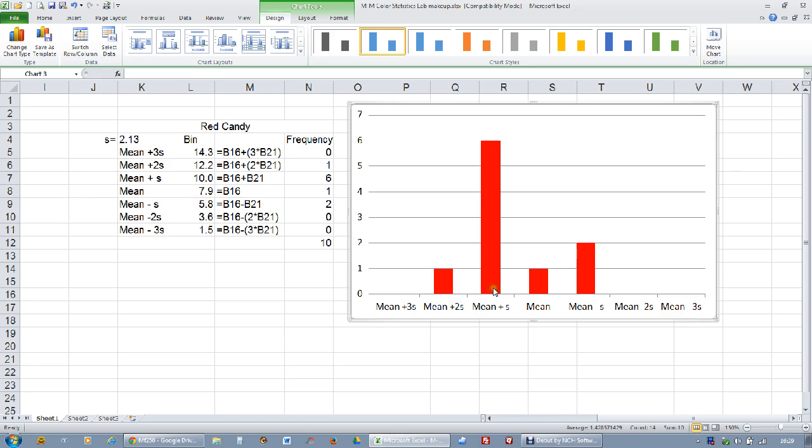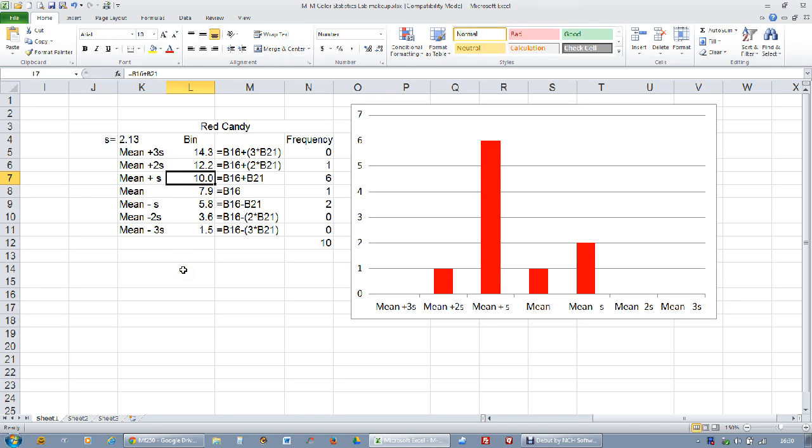If we look at mean plus 1 standard deviation, what do we have? We have 10. That means for every bag of M&Ms at 1.5 ounces, we can expect 10 of them to be red. It's an inference. It's not exact, and we know that there's a tolerance.